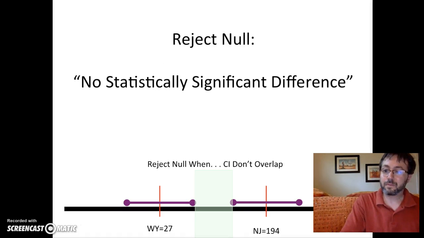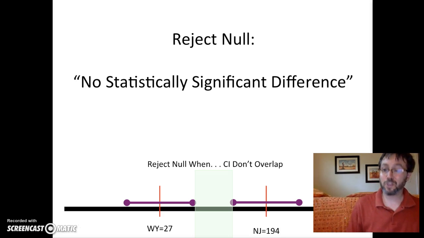However, when we think about statistics and testing, there's language about rejecting the null hypothesis. So what that means is the confidence intervals of our two groups do not overlap. They're different, they're distinct. So when the confidence intervals are not overlapping, it suggests that there's a difference between these two groups.